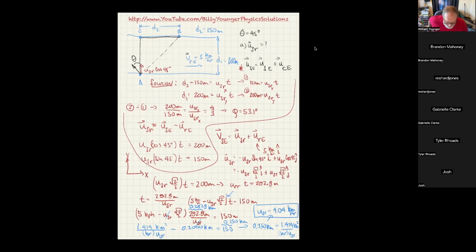Of course, if you did do that, that would be a lot easier because if you wanted to actually swim across the river from A to C, notice you just have to have that A component, or that velocity at A. I need that X component, which goes to the left, to just cancel out the 5 kilometers per hour, which means that USR times sine 45 would give me 5 kilometers per hour. And that would be enough to figure out the whole thing because then you could just solve for the magnitude. But in this case, the way they were asking was a much more challenging problem. So does everybody follow that? Anybody have any follow-up questions on it?